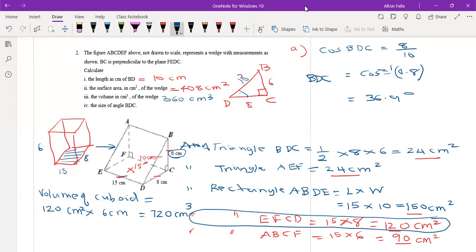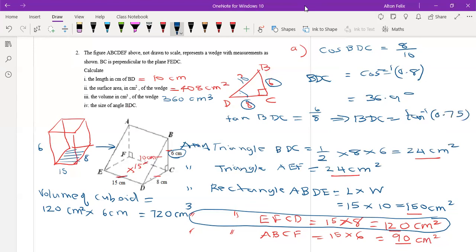Right, let's just practice finding that angle. Tan BDC. Tan is opposite over adjacent. So that will be 6 over 8. And to find BDC, we take the tan inverse of 6 over 8, which is 0.75.